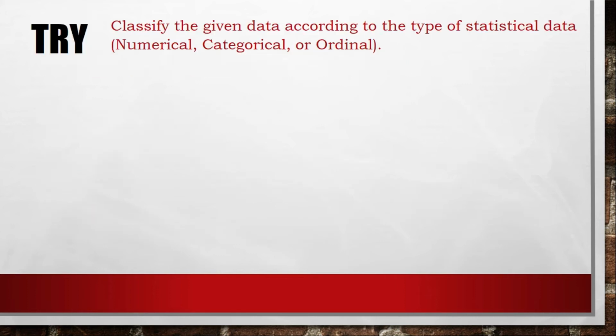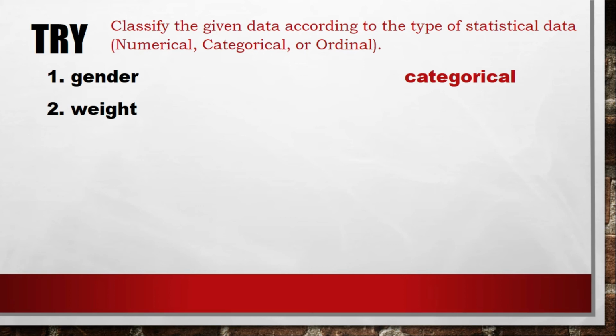Okay, so let's try the following. Classify the given data according to the type of statistical data. Name them if they are numerical, categorical, or ordinal. The first one is gender. Siyempre, when say gender, male, female, so they are in words, so it is a categorical data.